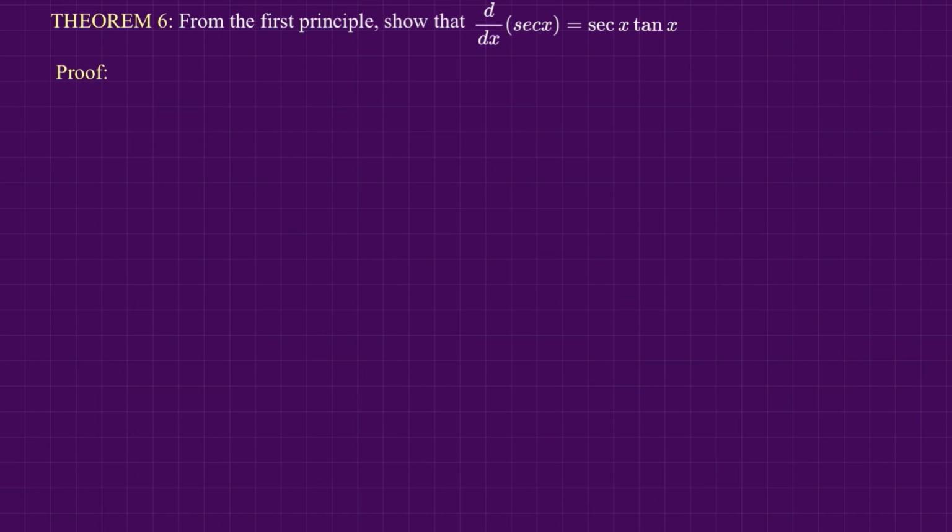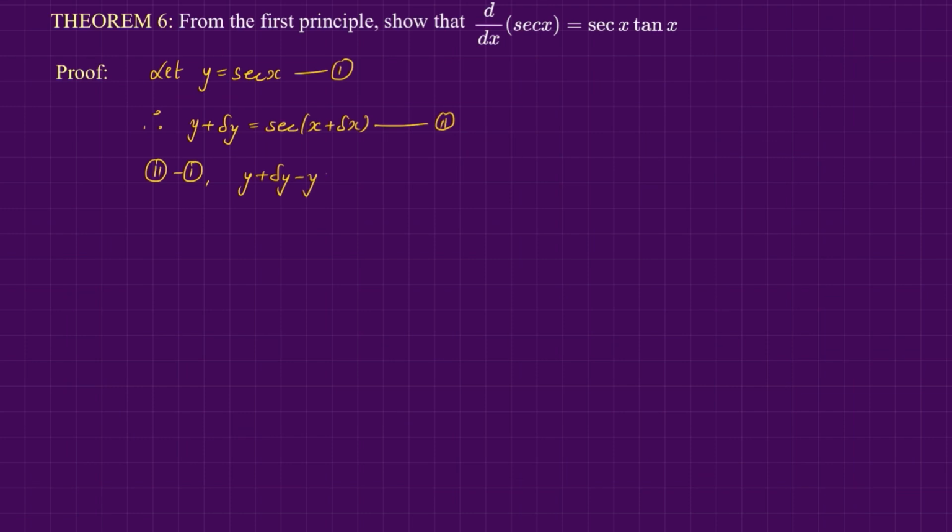Okay, so the function is sec x here. Let y equals sec x, therefore y plus delta y equals sec of x plus delta x, and this be equation 2. Let us subtract 1 from 2, then we will have y plus delta y minus y equals sec of x plus delta x minus sec x.